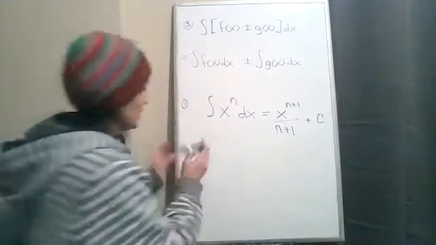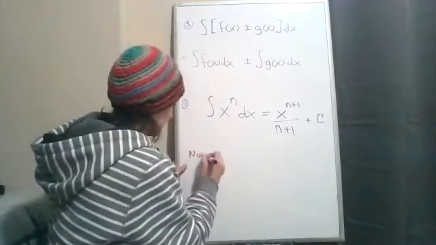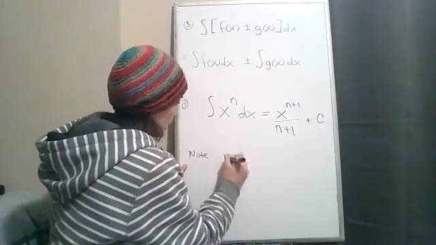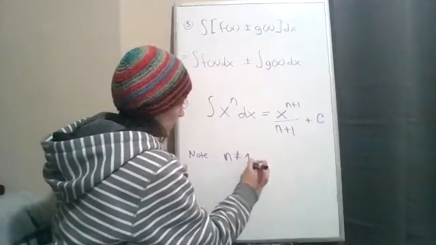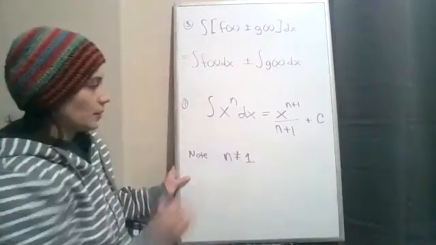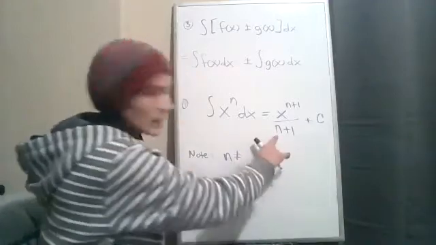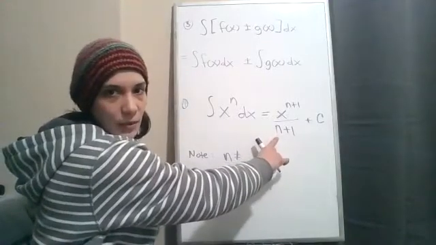Side note, n does not equal negative 1. You can't divide by 0, so this cannot equal negative 1.